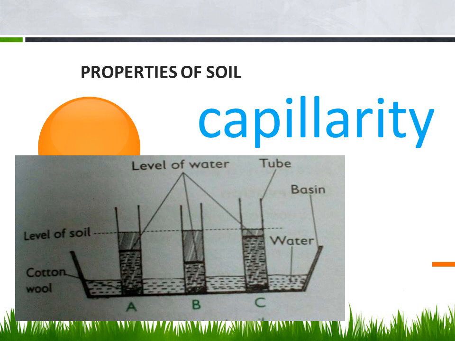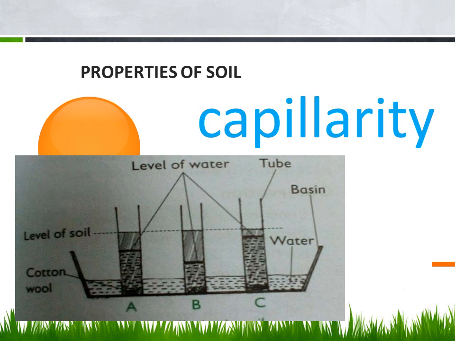Pupils, you put an equal amount of cotton in the test tubes. You put the same amount of soil in each test tube. Let us say test tube A, B, C. Then you place them in a basin with water. Then you observe.